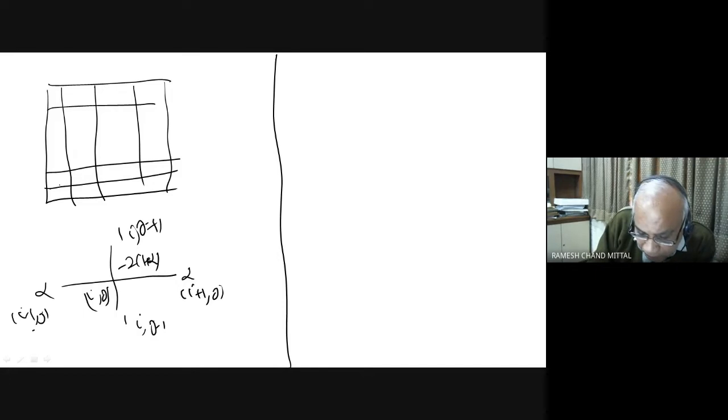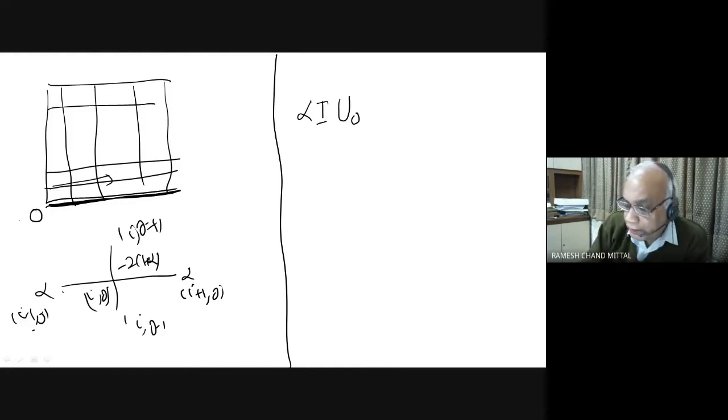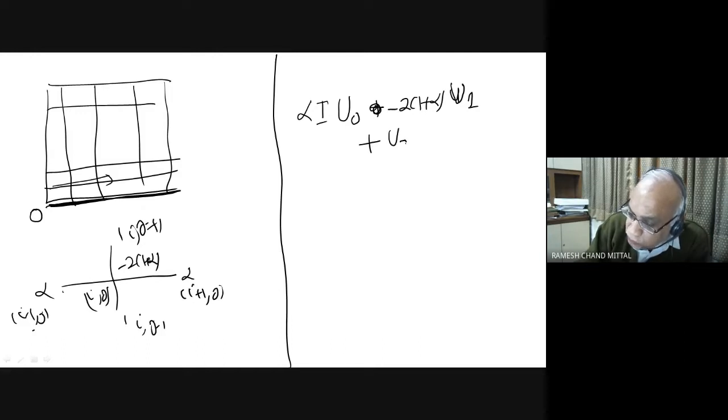Now if I go from this direction first, then my equation will be something like this. This alpha will be coming for the u0 line. This is the 0 line, I call it the boundary line. This is the u0 line, plus I will be having minus 2 into 1 plus alpha times the u1 line, plus you will be having u2, the second line, with alpha.